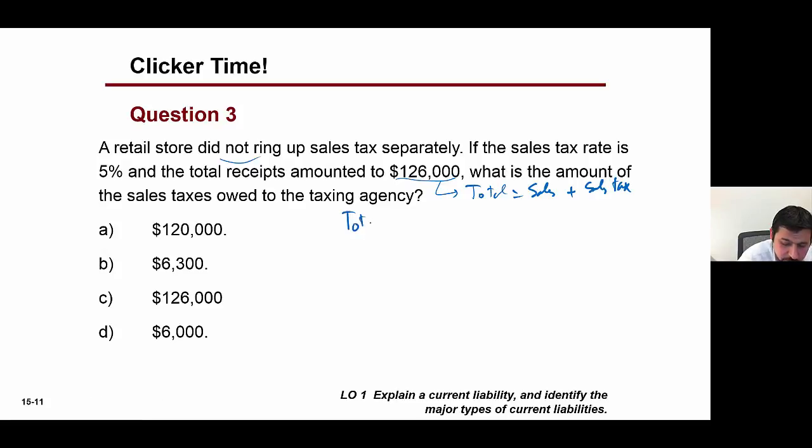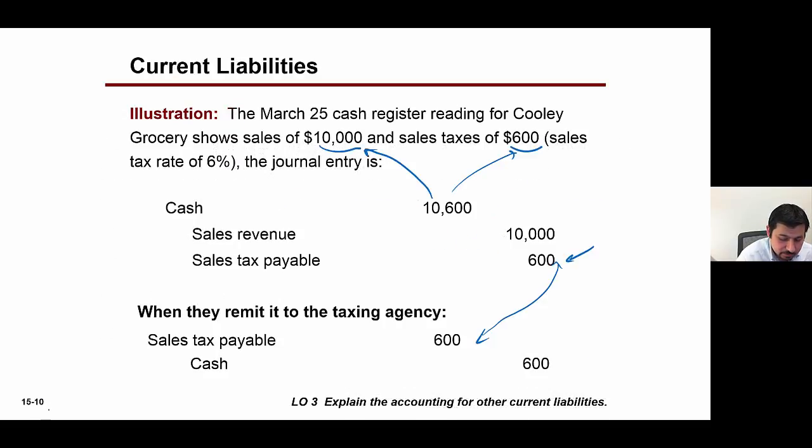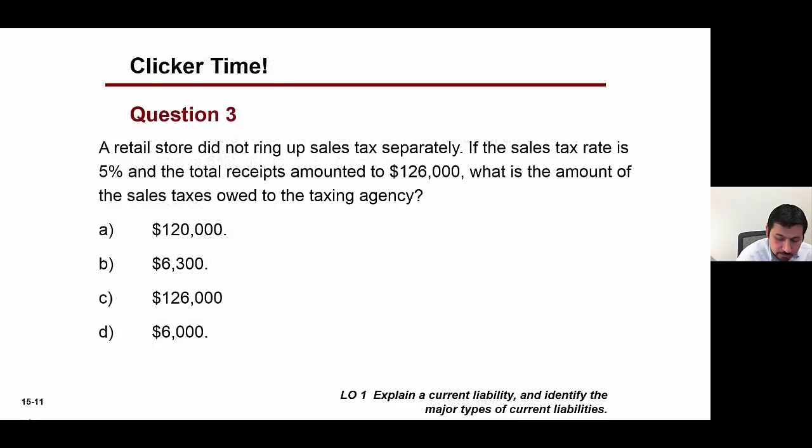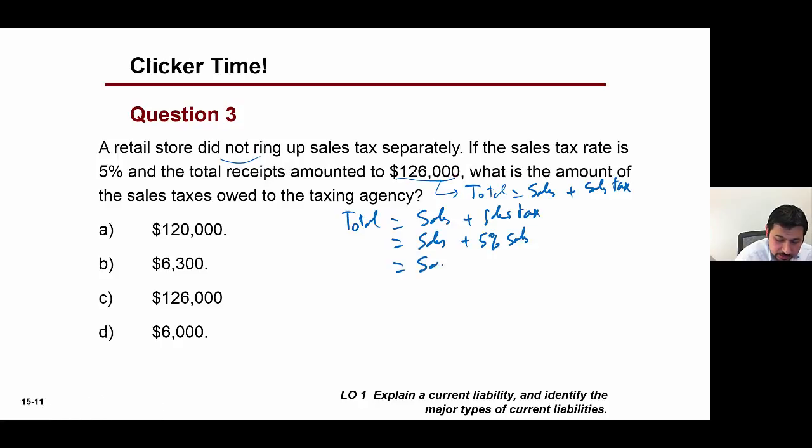The way to do it is that the total is equal to sales plus sales tax, which is equal to sales plus 5% of sales. This is 5% multiplied by the sales, which is equal to sales plus 0.05 sales.